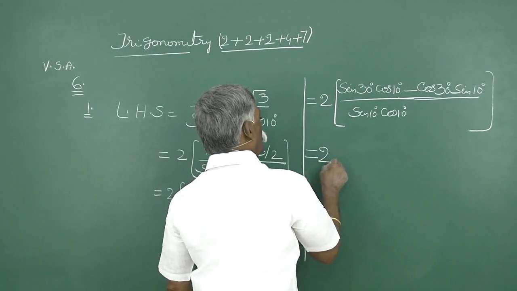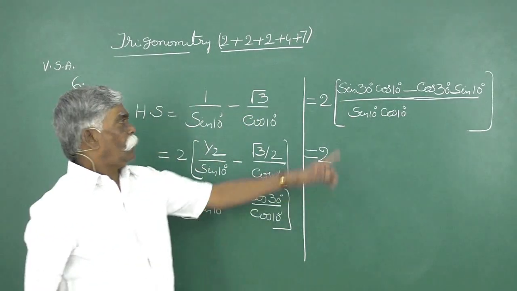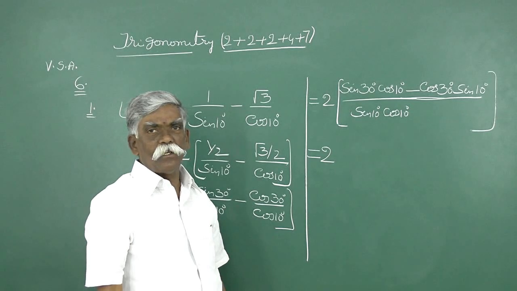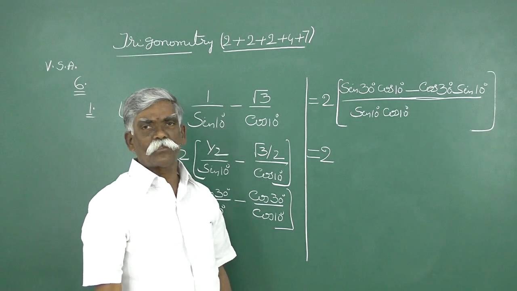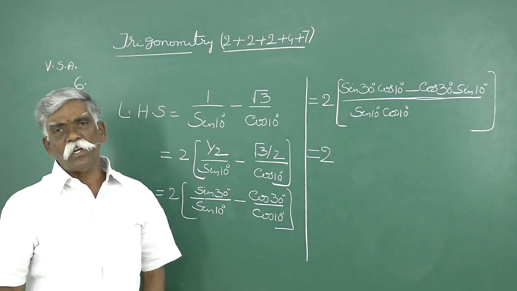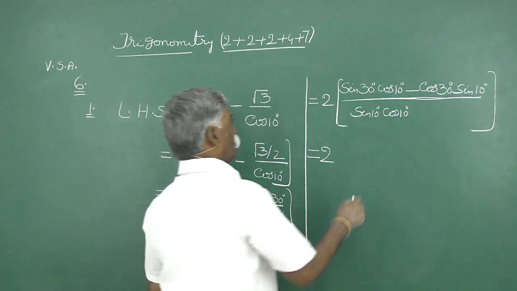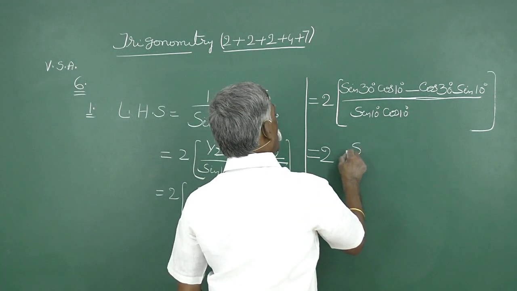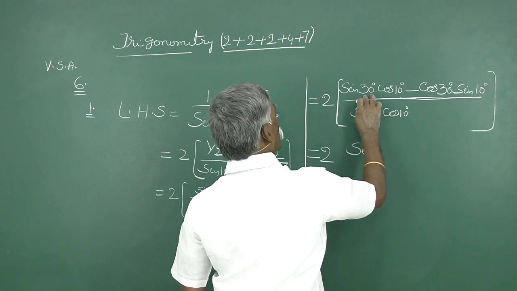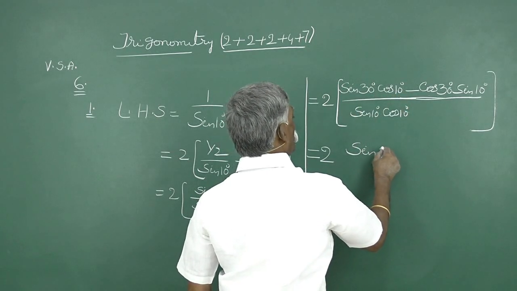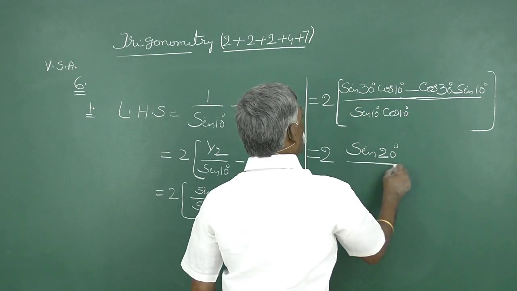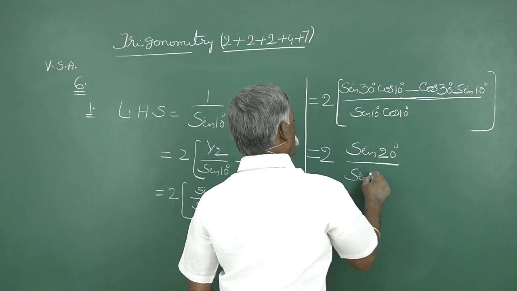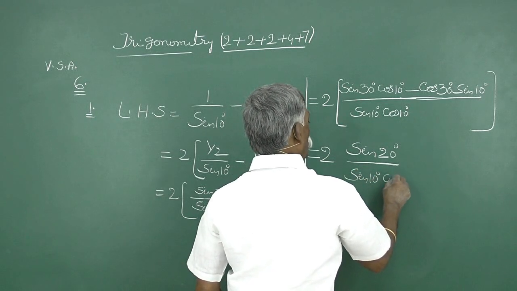In the numerator, it is in the form sin A cos B minus cos A sin B, which means sin A minus B. So sin A is 30 and B is 10, A minus B means 20 degrees, by sin 10 degrees cos 10 degrees.